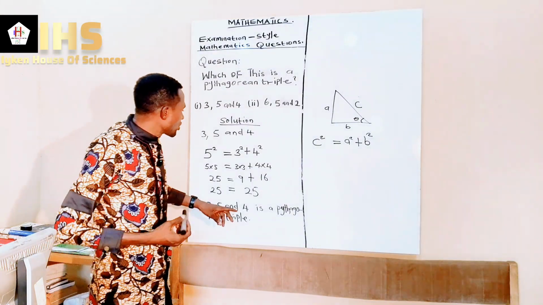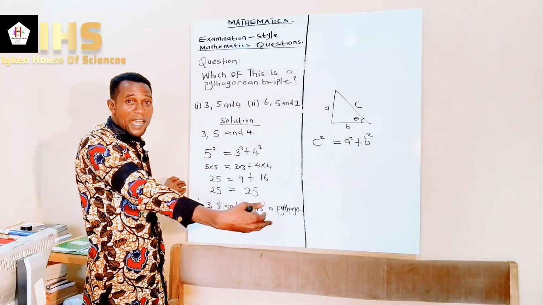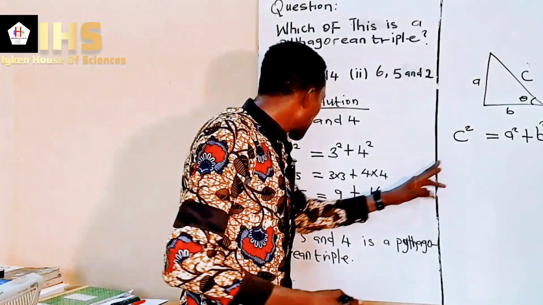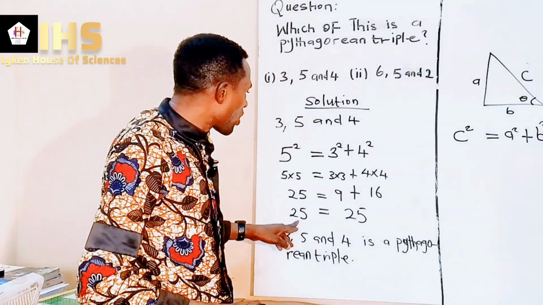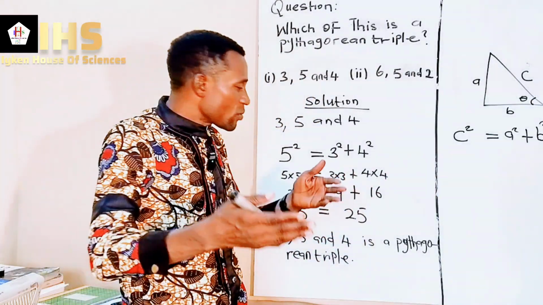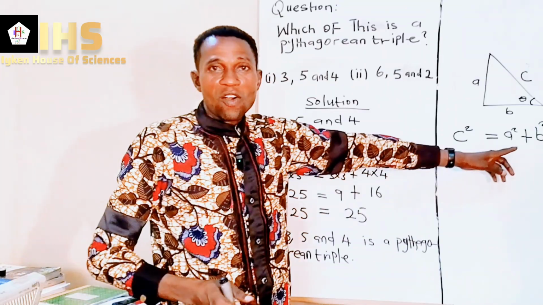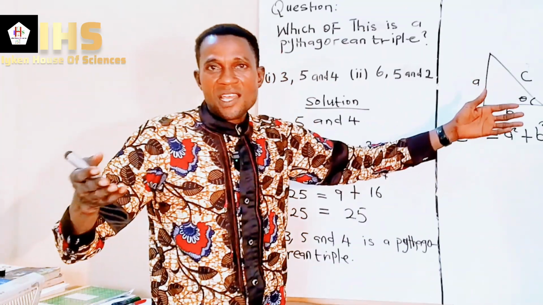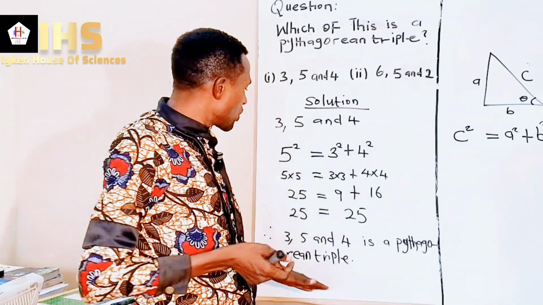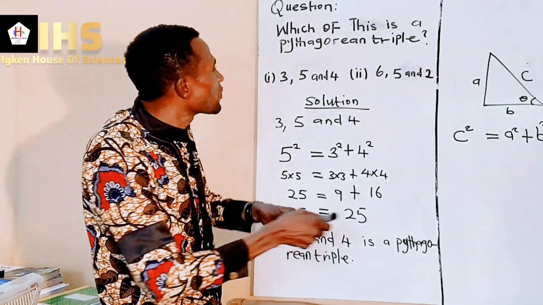This is because both sides agree. The hypotenuse, which is the longest side, the square of it agrees with the square of the two other sides when you sum them. So it's a Pythagorean triple.